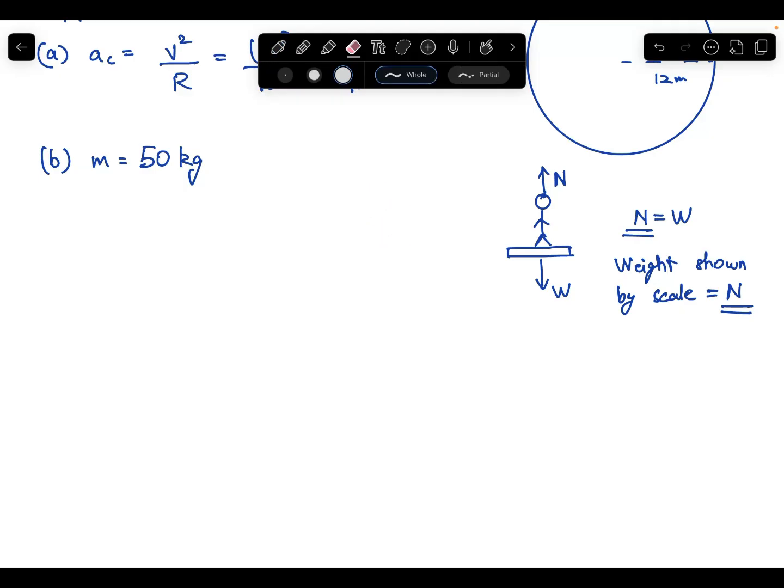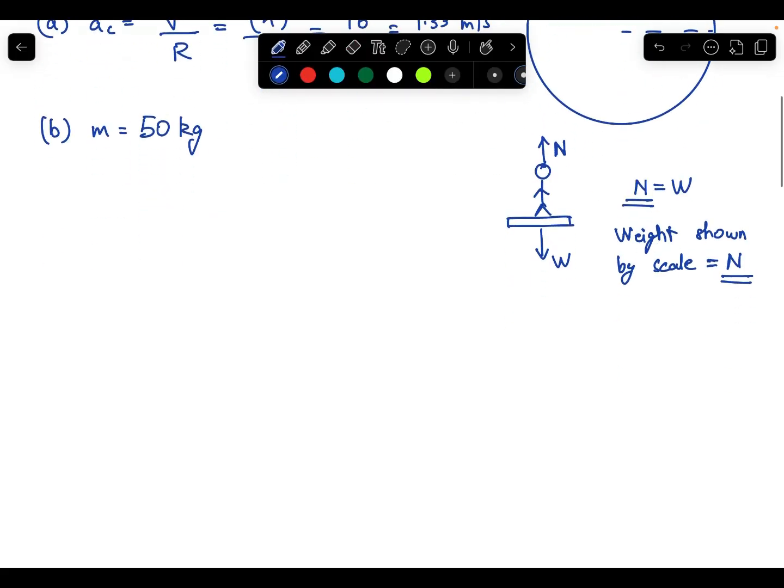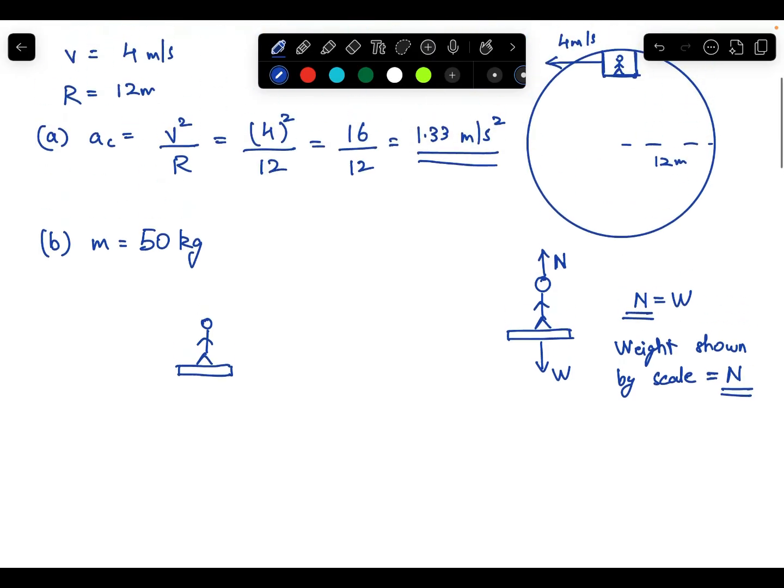Similarly, this person in the Ferris wheel is going to feel a force in the opposite direction of the acceleration of the Ferris wheel. So this person will have a weight downwards, a normal contact force N upwards, and he'll also be feeling another force, which is the force due to inertia, or the centrifugal force.